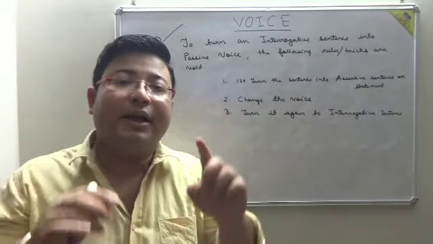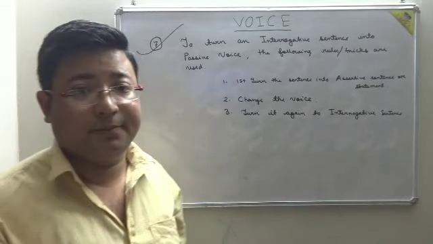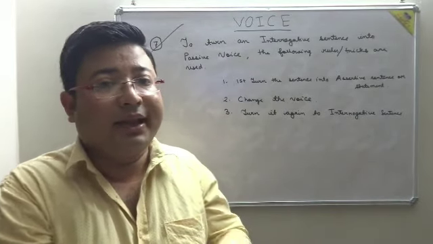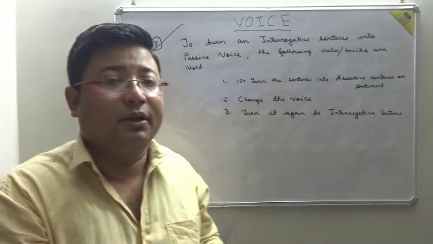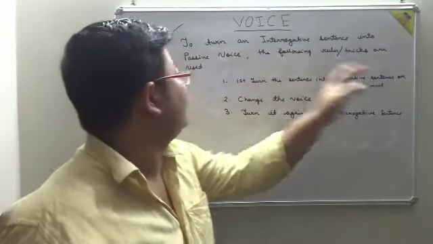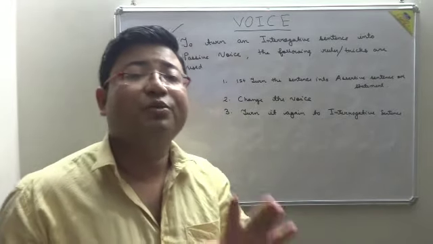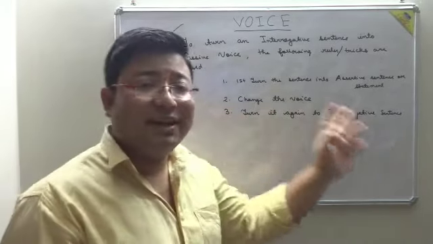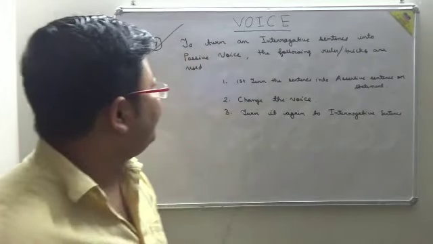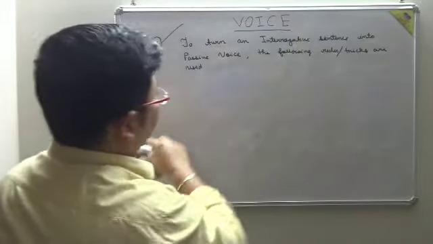First, turn the interrogative sentence into a statement or assertive sentence. Then change the voice of that sentence. Then again turn it into an interrogative sentence. I'll give you one example. It will be clear.